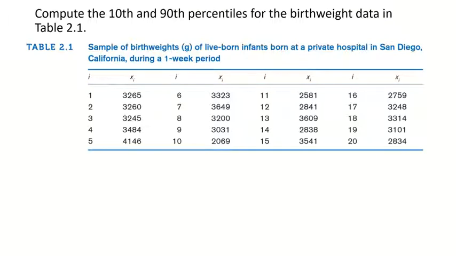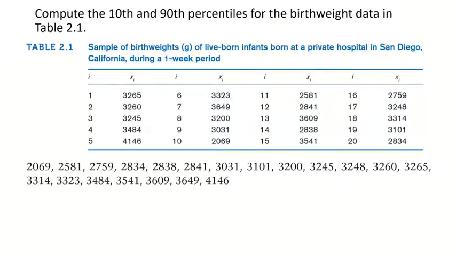We go back to our data set on the 20 birth weights of infants from a hospital. We are going to find the 10th and 90th percentiles of this data set. First, we arrange the data points in an array from least to greatest.